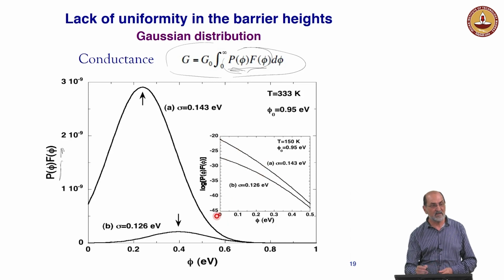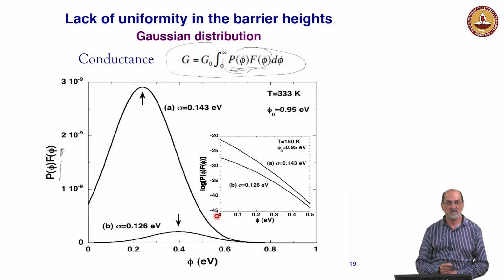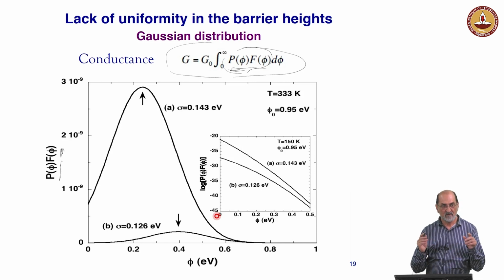So what this is telling me is, if this is correct, this is what people are saying in the literature, most of the electrons could cross the interface at places where the barrier height is 0. Right? This is what this is saying.